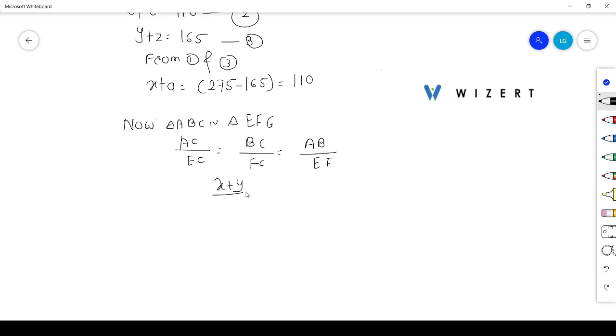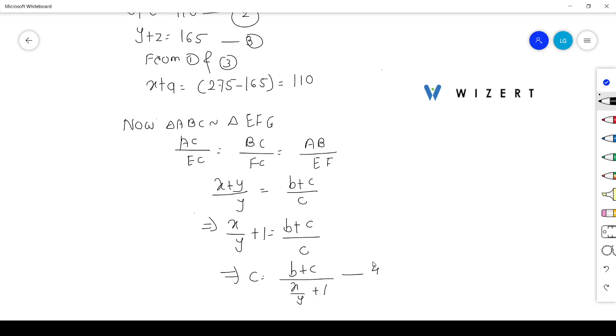That is X plus Y by Y equals B plus C by C. So, it will give X by Y plus 1 equals B plus C divided by C. So, C will be B plus C by X by Y plus 1. Suppose this is 4.